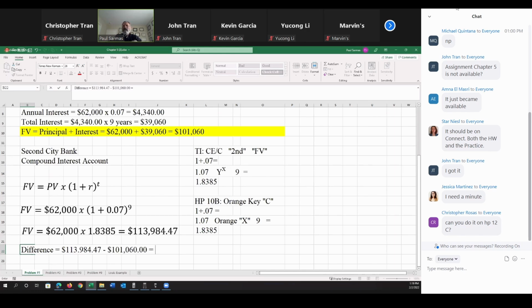And that will give you $12,924.47. That's the answer to the calculation.